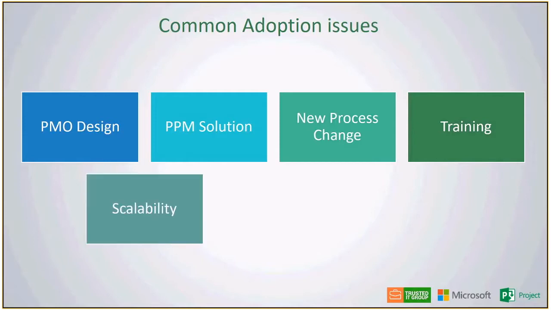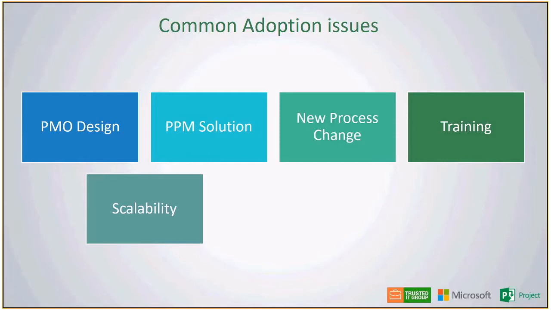Okay, scalability. We bake into the PMO design and the PPM solution and the change and the training. We've got to bake in that scalability factor. What if we trained, let's say, half of all the PMs, and tomorrow we grew to a new company, or tomorrow we onboarded twice as many projects as before?